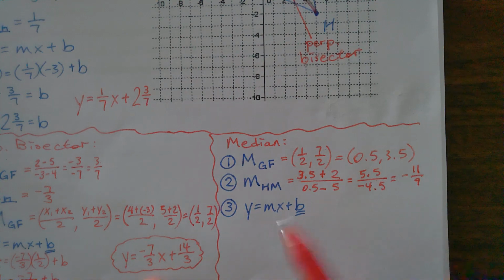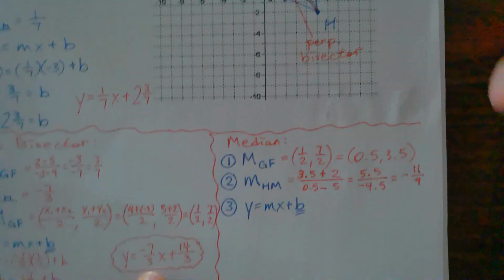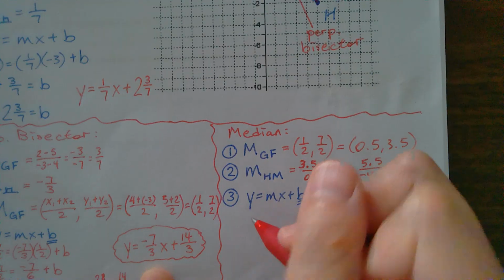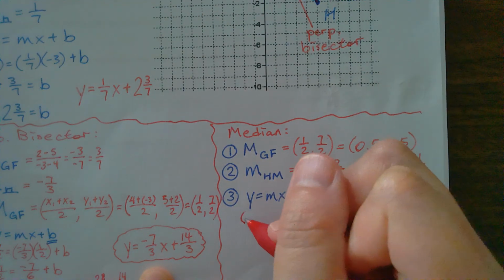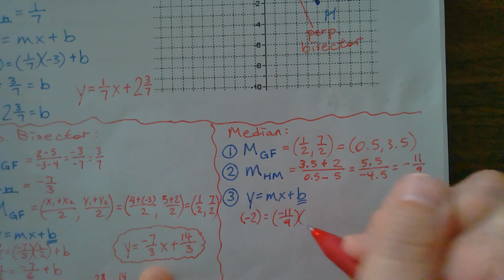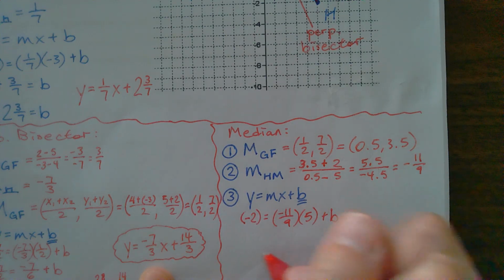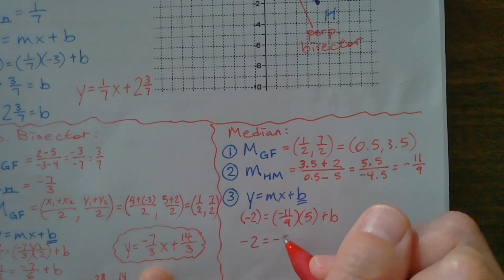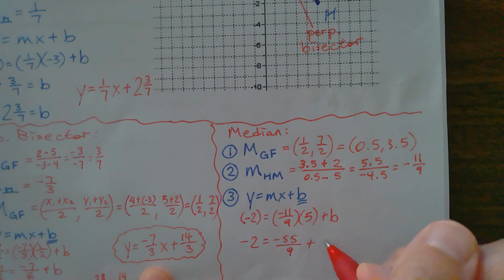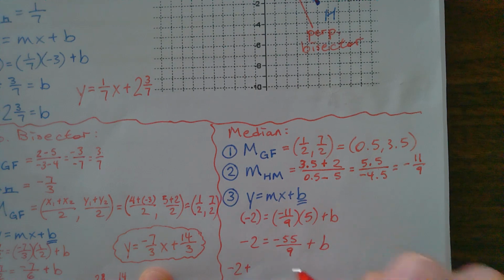Okay, and then y equals mx plus b. I'm going to use this point instead because it's a nice whole number, nice integers for point H. So point H is negative 2, slope is negative 11/9, x is 5. So then you get negative 2 equals negative 55/9 plus b. Move it over to the other side. So negative 2 plus 55/9.